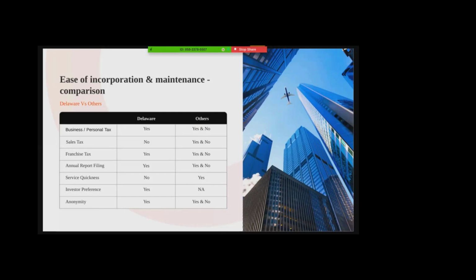Now the franchise tax. The franchise tax is one of the taxes that is across all the states except very few states. It is calculated on various parameters. In some states like Delaware, it is calculated on the number of shares. In California, it is calculated on your revenue. For some states like Florida, there is no annual franchise tax, but they collect an annual fee.